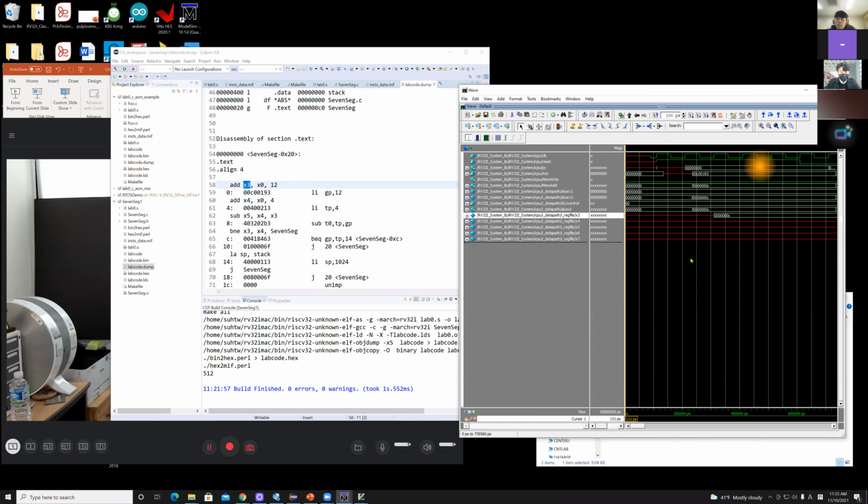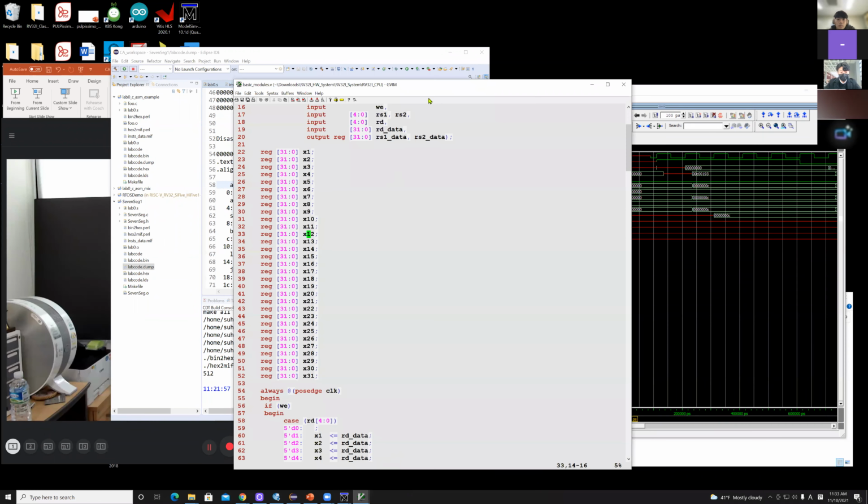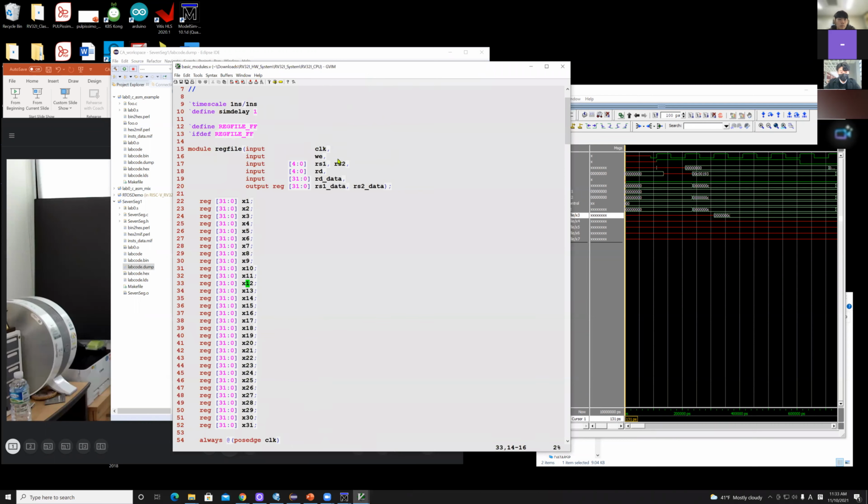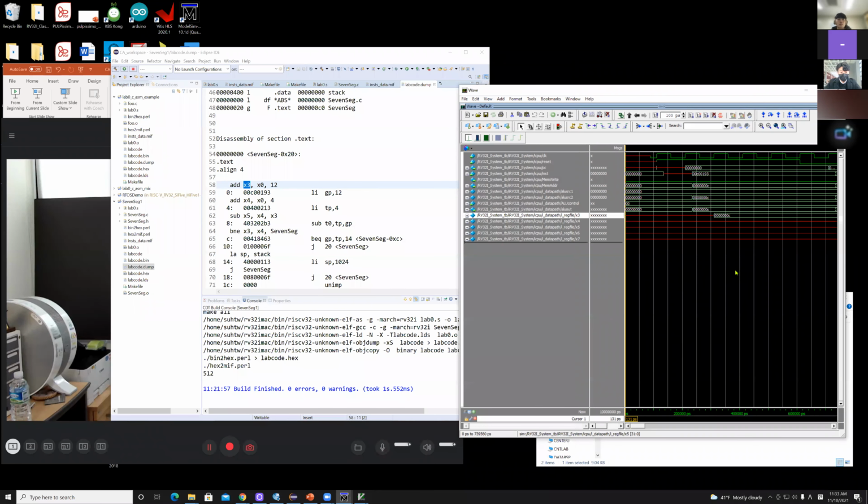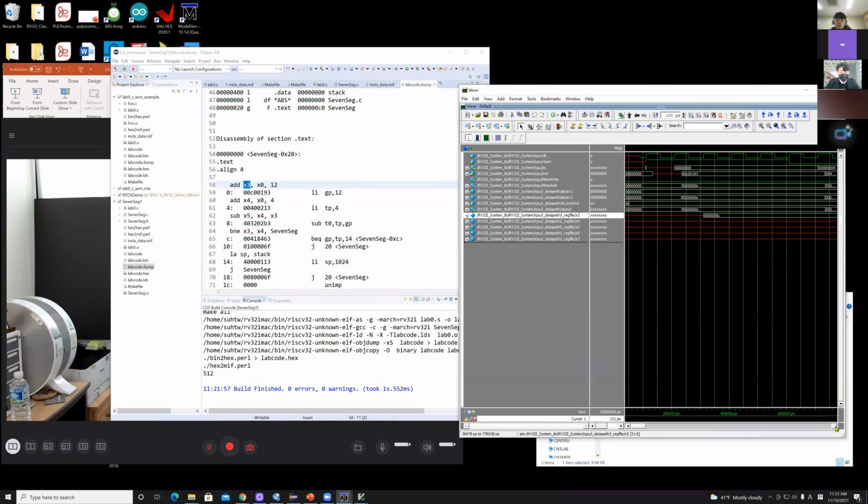Remember, our register file design is not taking reset, only clock, right? So because of this toy example, even though it is a reset period, you press the reset button here, until this time it is updating this one. But it doesn't matter, it's okay.